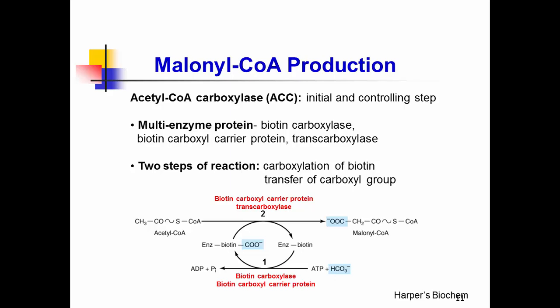ACC is a complex that contains three different enzymes. One is biotin carboxylase, the second is the biotin carboxyl carrier protein, and the third is called transcarboxylase, right? So three enzymes constitute the ACC complex.